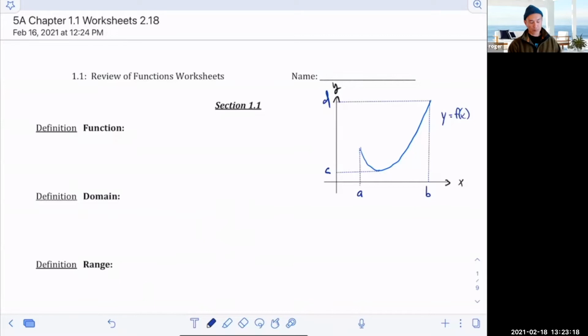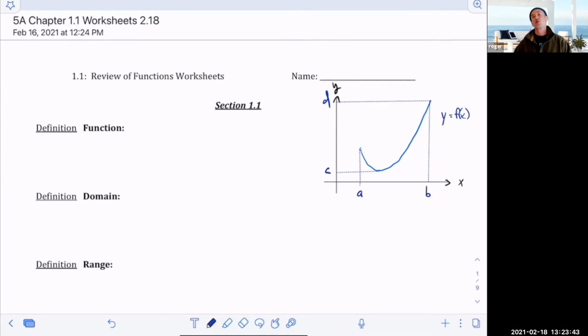So we're starting to learn a little bit about calculus. And I guess normally I would motivate the idea of calculus on the first day. But I'm basically going to tell you straight up, calculus doesn't start until chapter 2.